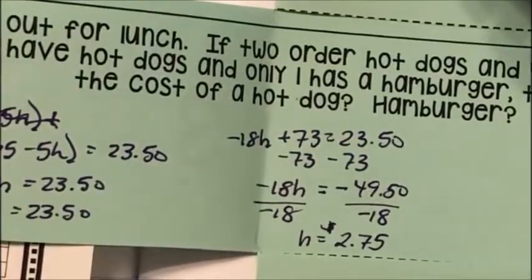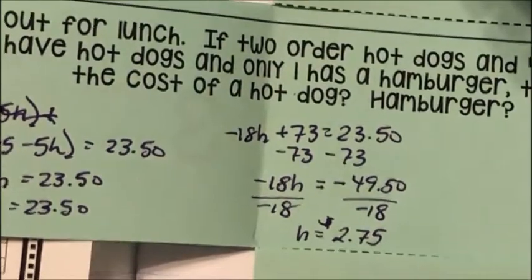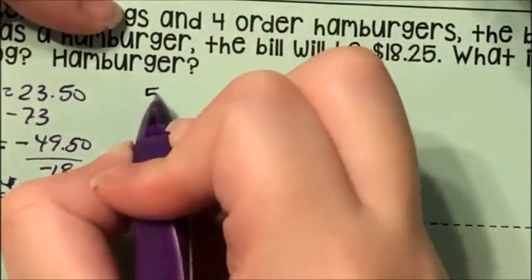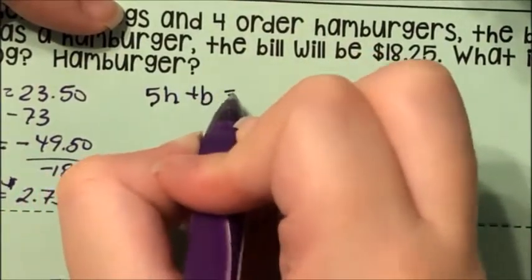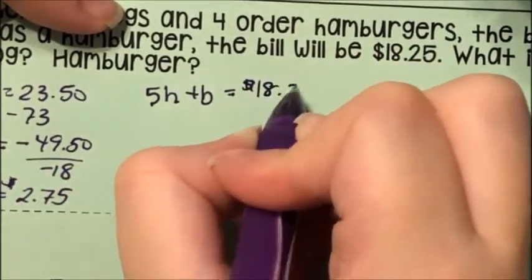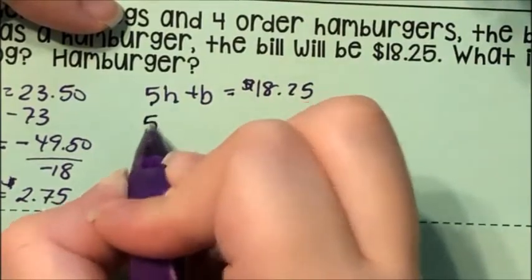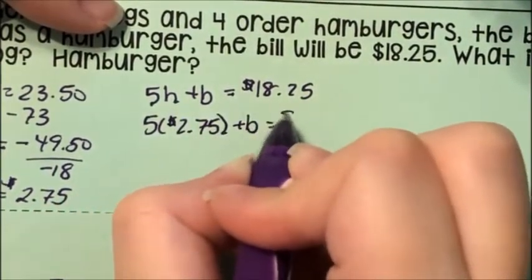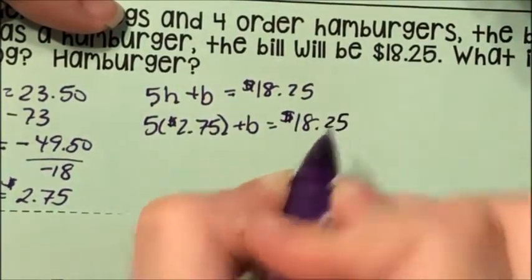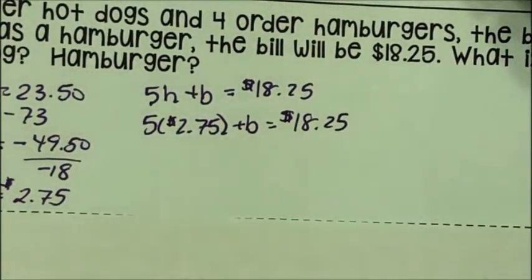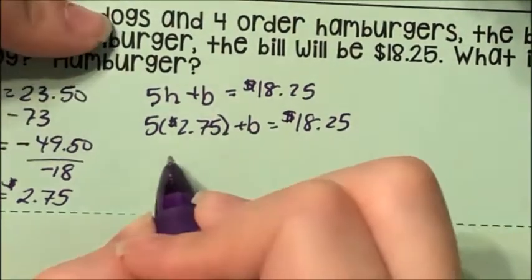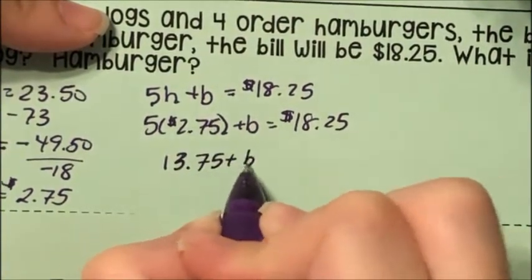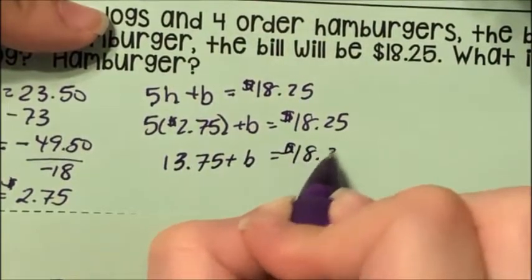I'm going to plug it back into one of my equations. I'm going to plug it back into the second one because there's only 1 hamburger in that. So my hot dogs cost $2.75. I'm going to use the distributive property. So this gives me $13.75 plus B is $18.25.